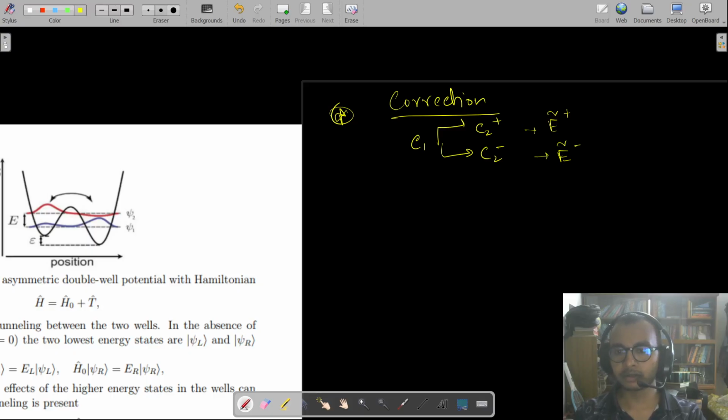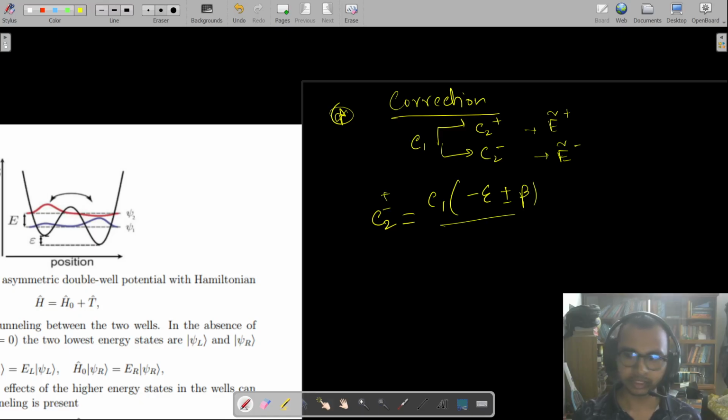But what's not true is that those two different values of C2 correspond to the same C1 value. That's inaccurate, because if I have to jog your memory, C2 is written in terms of C1: C1 times (epsilon plus minus beta) divided by 2 delta.